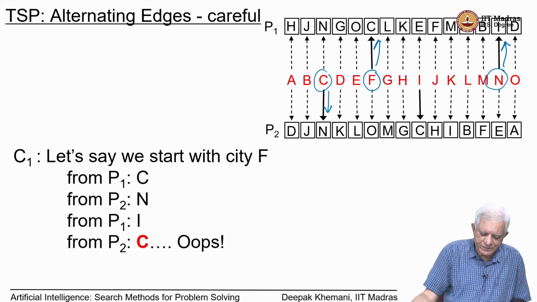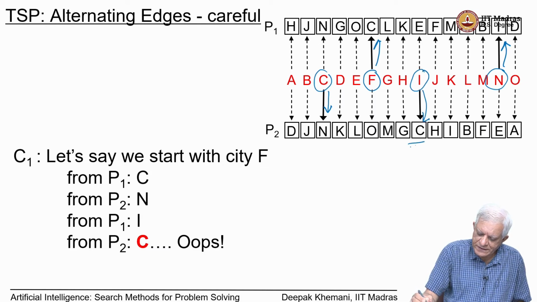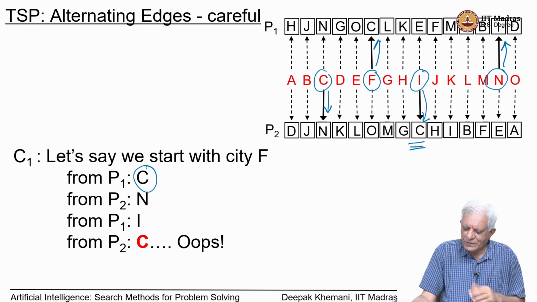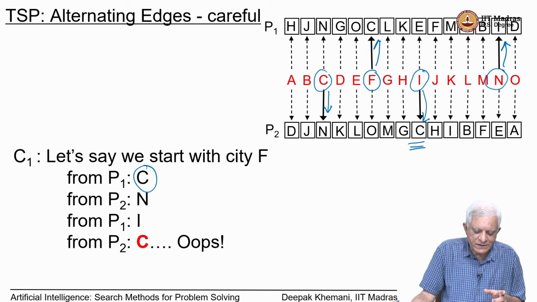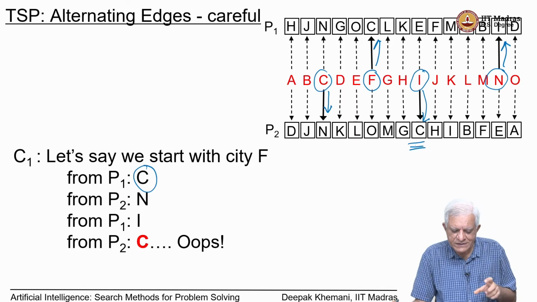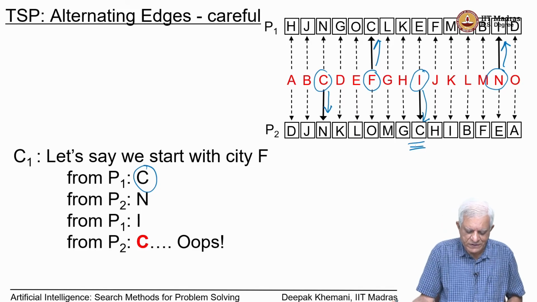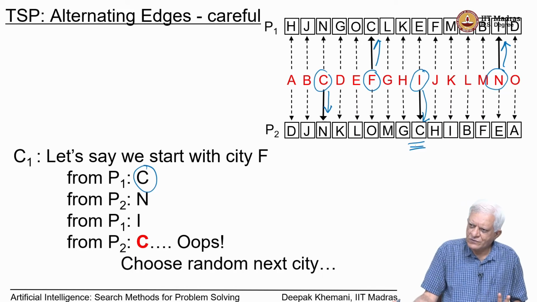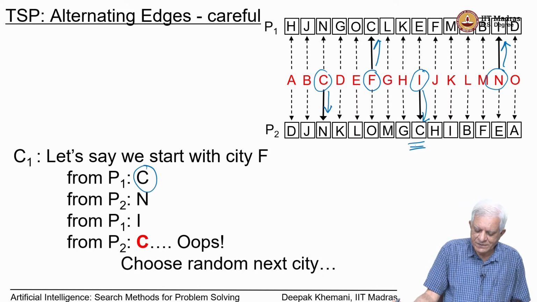And from P2, where do you go from I? If you look at this I here, you are coming back to C, but C is already there in the tour. So as you observed rightly, you can form a tour which is not a valid tour. So you have to be careful about that, and the general idea would be to choose the next city somewhat randomly here.